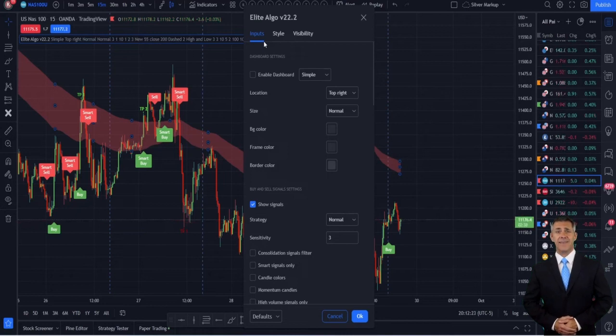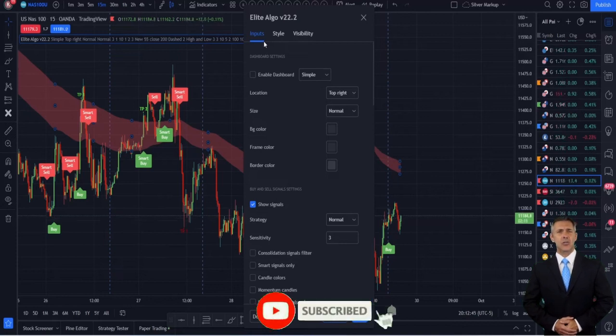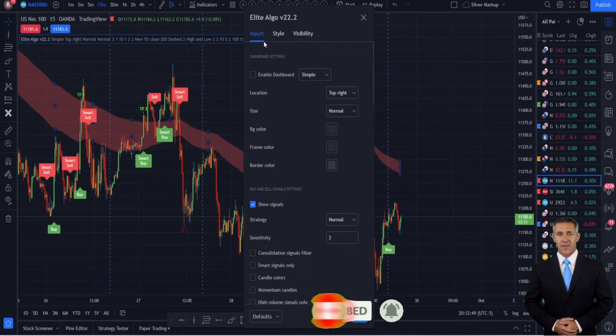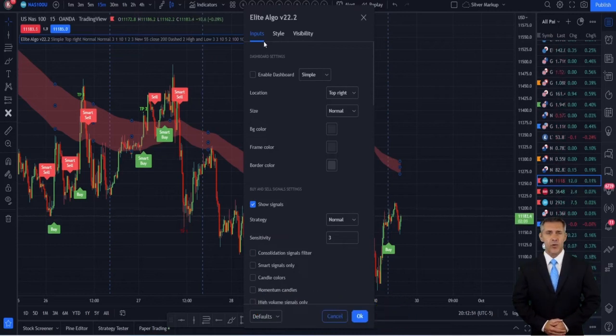Yes, I can identify a lot of different things with just the naked chart, but that still takes thinking and time. So I look for three different things: the trend of the asset, then where the high points of interaction and structure are, and then where the momentum is kicking in the market. Those are the three things I look for: trend, structure, and momentum.